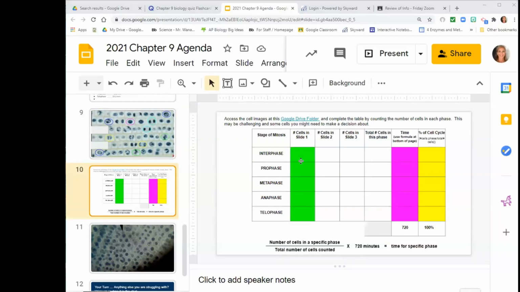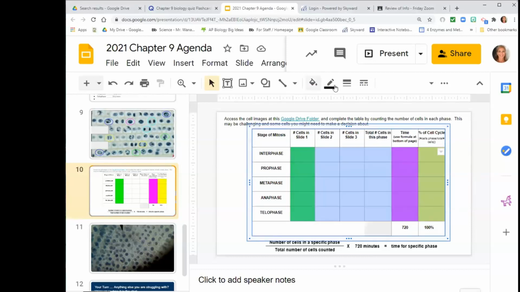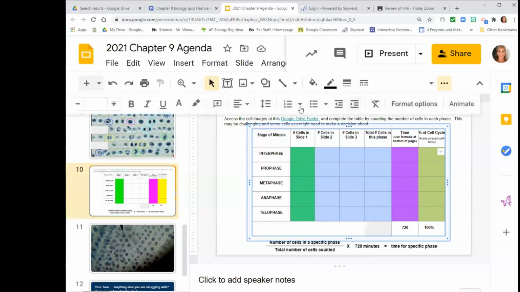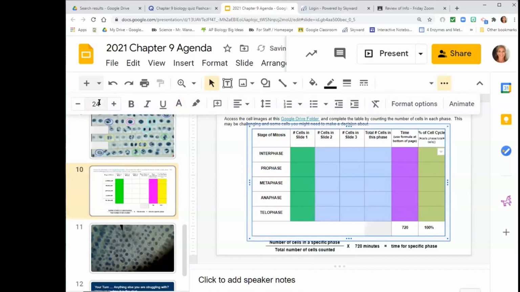Elise, how many did you count in interphase? 15. 15, okay. I counted a higher number, but then I maybe saw what we considered blurry, and we might have disagreed.